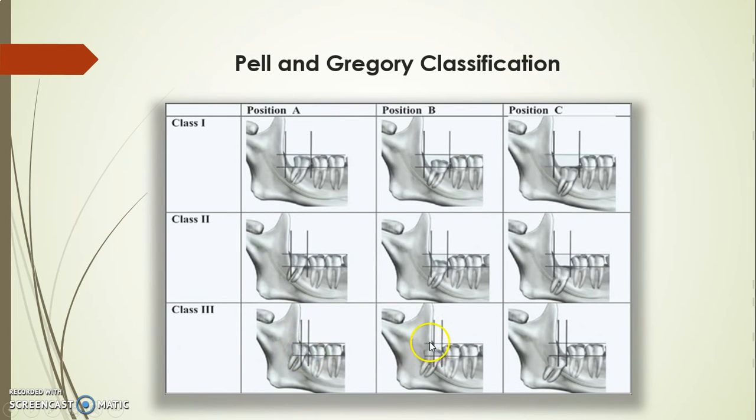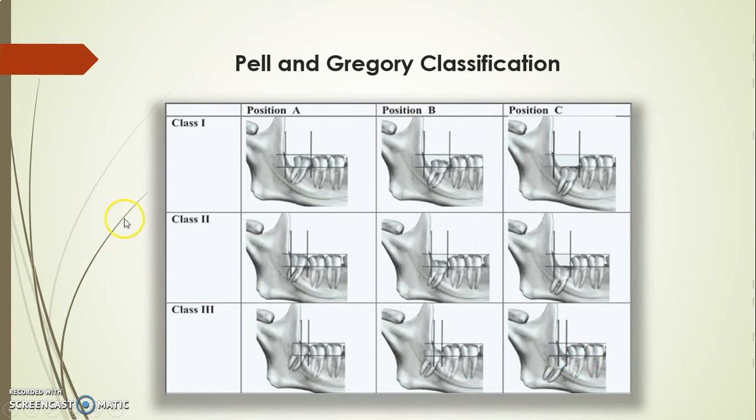Here the crown is trapped, but the occlusal plane is at the same level as the adjacent tooth, which is again position A. Position B is where the occlusal plane of the impacted third molar is somewhere between the occlusal plane of the second molar and the cervical line, and position C is below the cervical line.